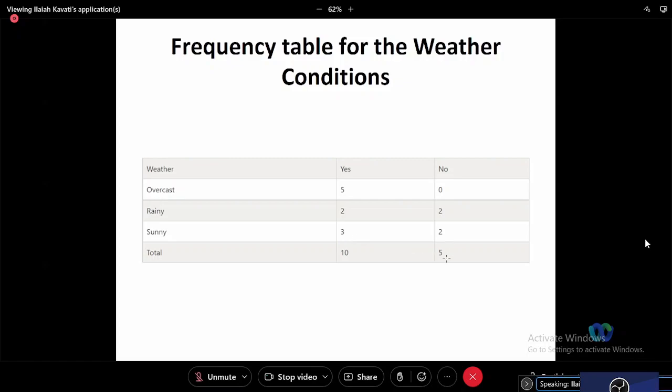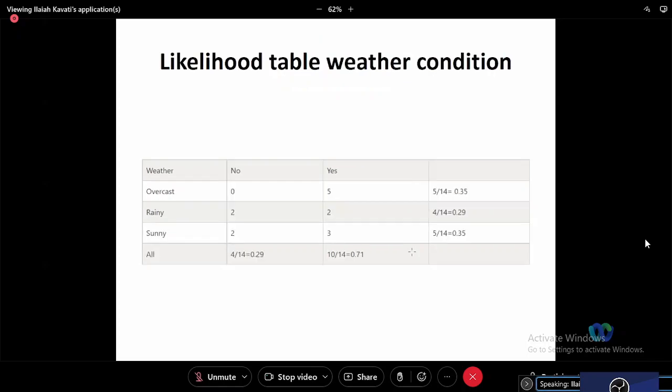For the total, play was there for 10 days out of 14 days, and 4 times there was no play. 2 plus 2, 4. Actually, this is a typing mistake, so it should be 4. So 10 plus 4, 14, right? So this is the frequency table, the occurrence of how many times play was there and how many times play was not there in different situations. Now the likelihood table of the weather condition.